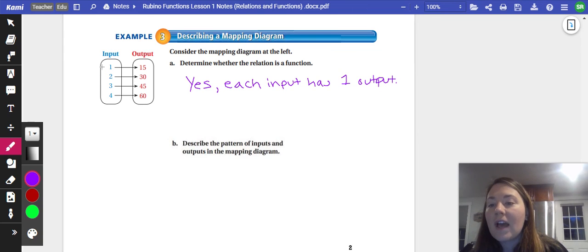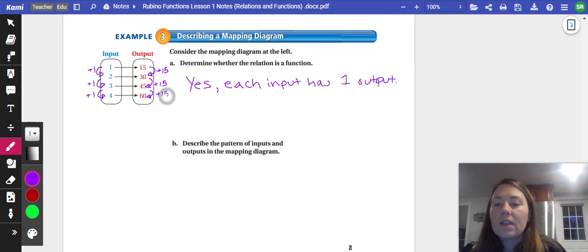Okay, so I'm going to look at my inputs first, and I can see that inputs are increasing by 1 each time, we are adding 1. And my outputs are increasing by 15. Each time there is a jump, we are going up 15.